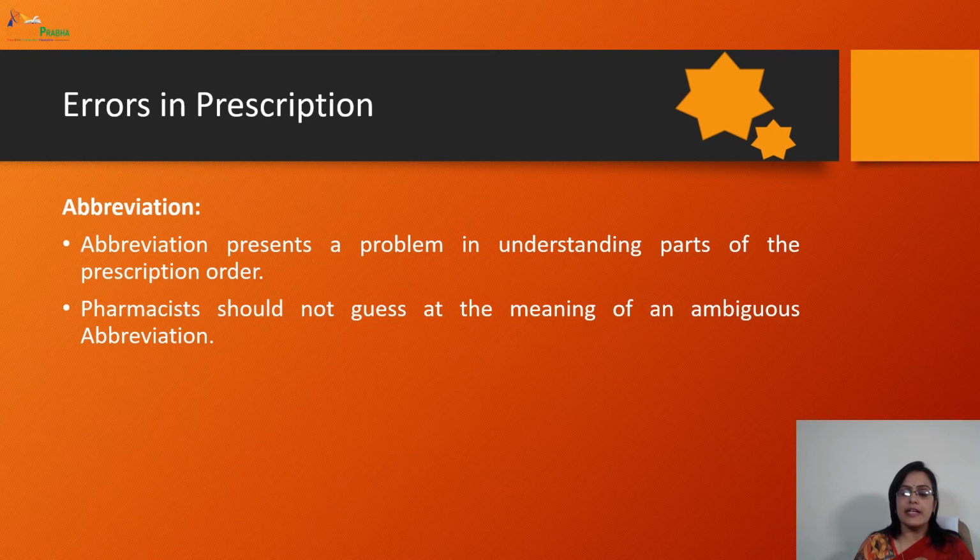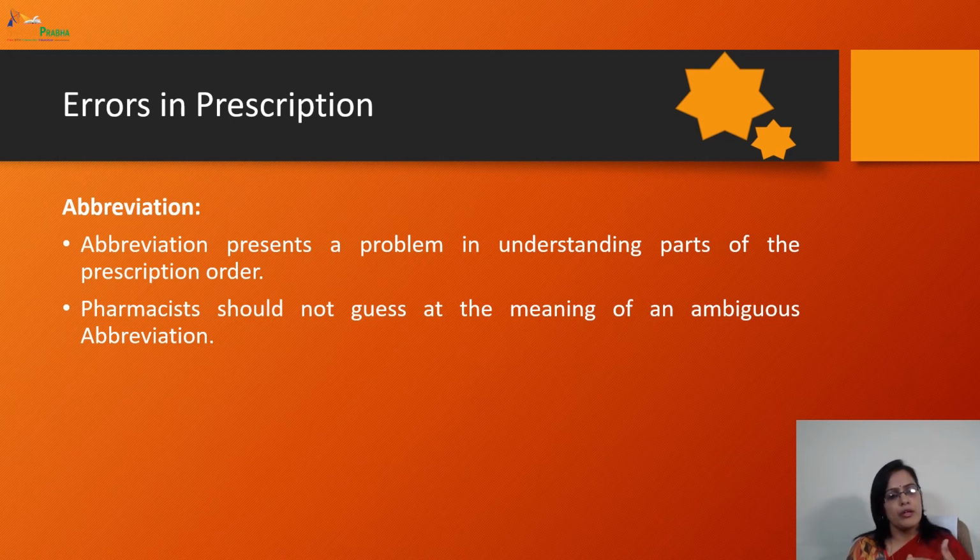Now, errors in prescription. What is the possibility of error in prescription? Number one, abbreviation. Abbreviation sometimes presents a problem in understanding part of the prescription.